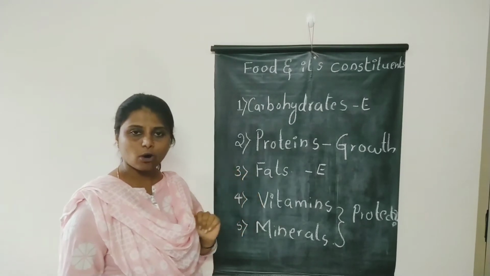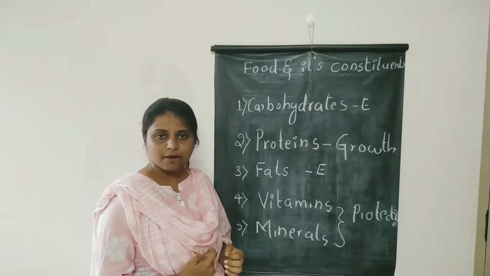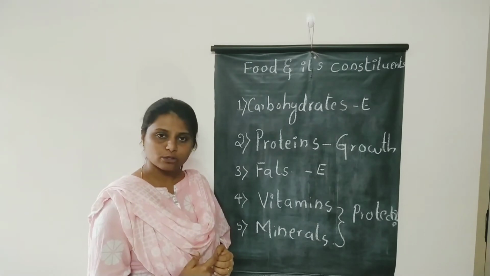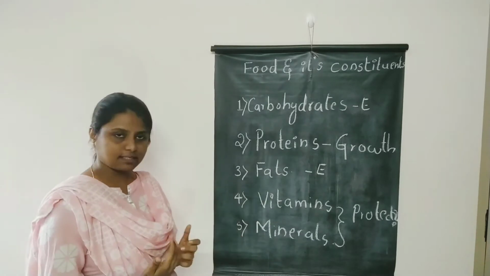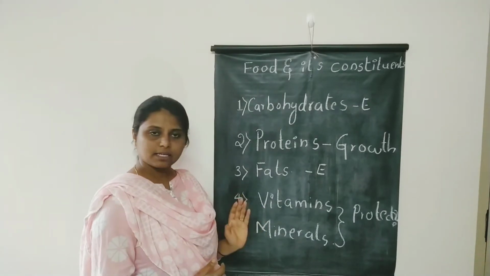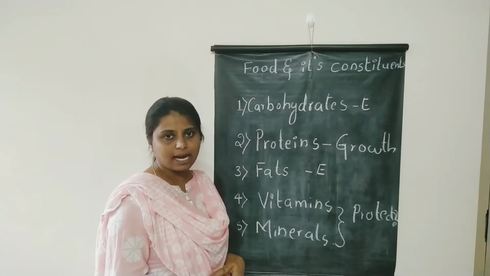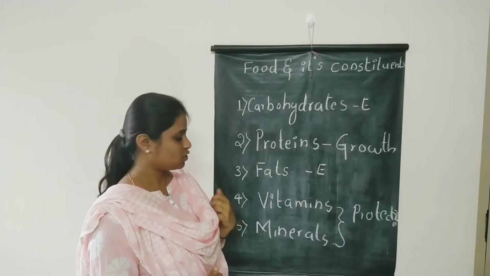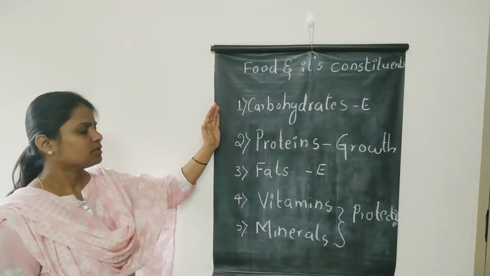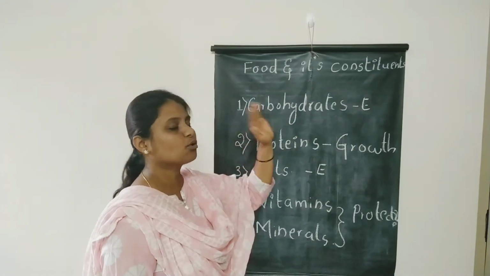Fat is mainly obtained from oil seeds like groundnuts, safflower, sunflower, and also egg, meat, ghee, milk, etc. Vitamins and minerals are mainly found in leafy vegetables, fruits and vegetables.